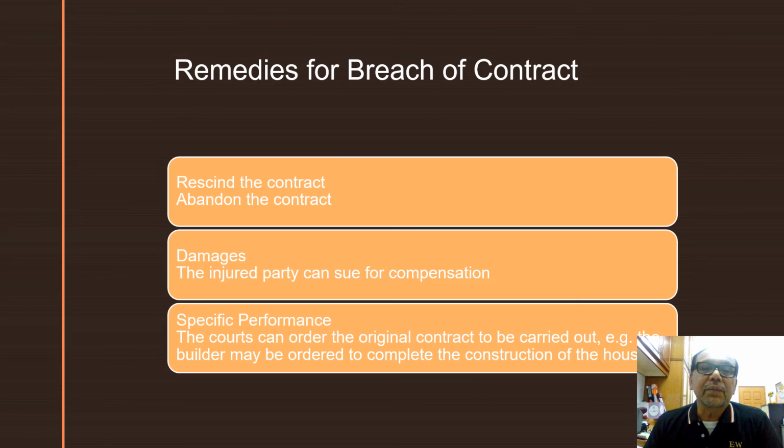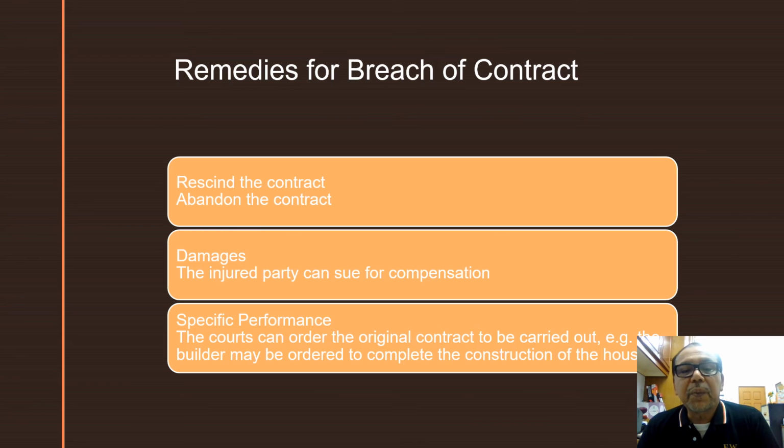Yeah. So when the contract ends, what are the remedies for breach of contract? Let's say just now the contractor didn't complete the house and he ran away. First, rescind the contract. That means the contract is dibatalkan, rescinded, or abandoned. Then after that, I claim damages. The injured party, I am the injured party because I cannot get the house.